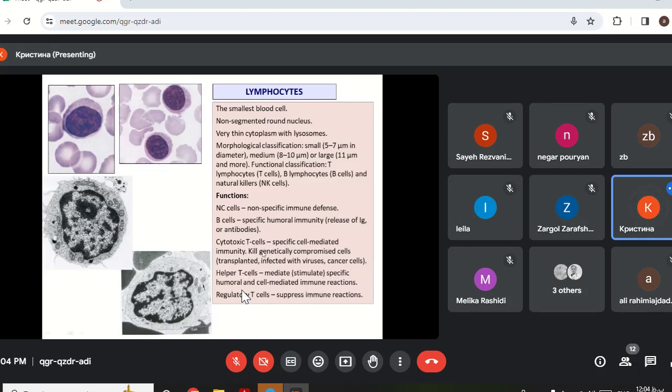For example, cells infected with a virus will have the DNA of the virus, and they will produce the proteins of the virus. Helper T cells stimulate specific humoral and cell-mediated immune reactions, and regulatory T cells suppress immune reactions.